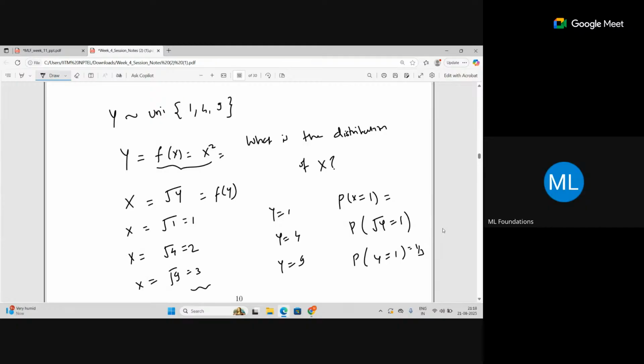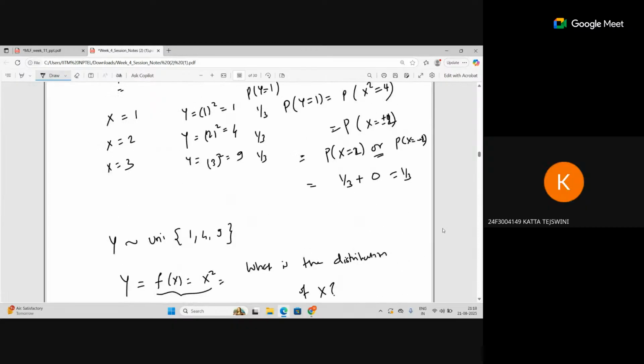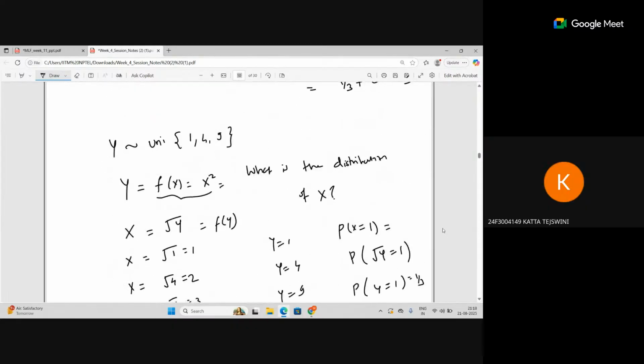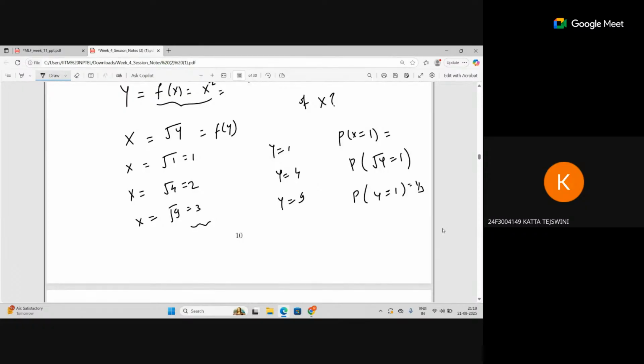Root of any number is only a single number, it's not plus or minus. Modulus means plus or minus. Okay, that's true.